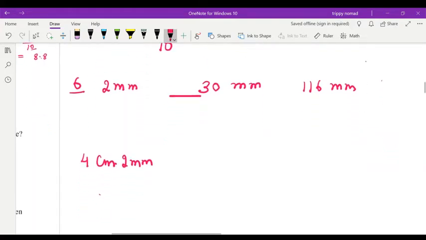Now we are going to start. This is question number first. 2 millimeter into centimeter in decimal. So 2 millimeter is equal to 2 upon 10 centimeter.